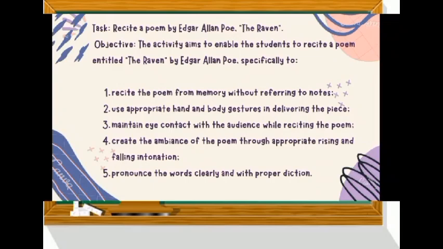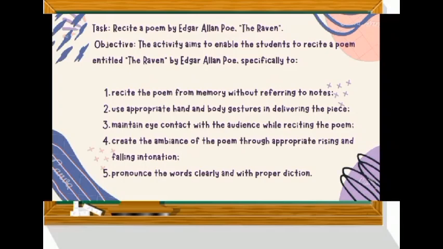Also, it is important for us to use our hand and body gestures to build a relationship with the audience. The third one is to maintain eye contact with the audience while reciting the poem. It is important also that we make eye contact with the audience. As I said earlier, it is important to have a relationship between you and the audience.